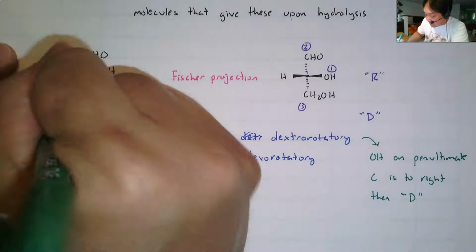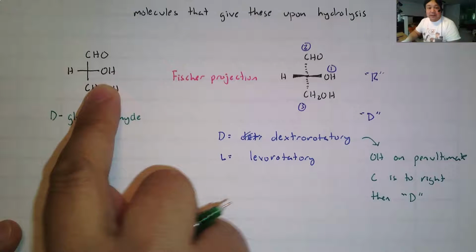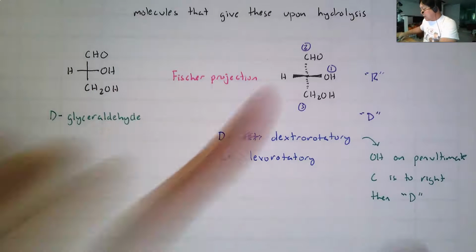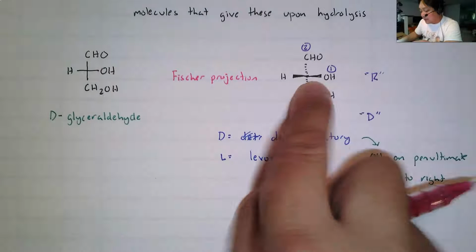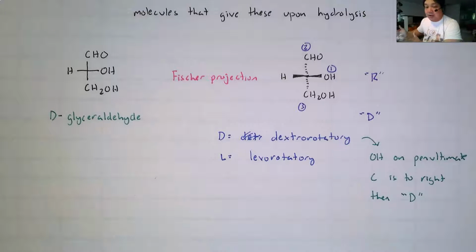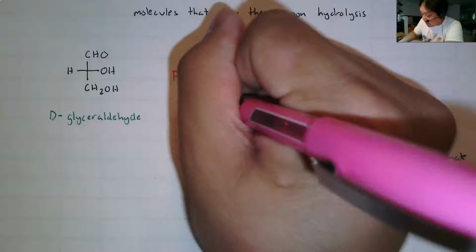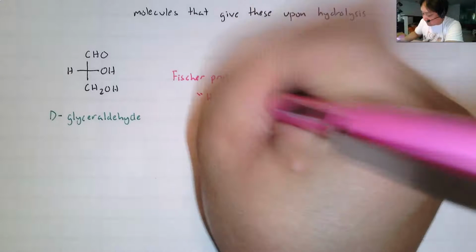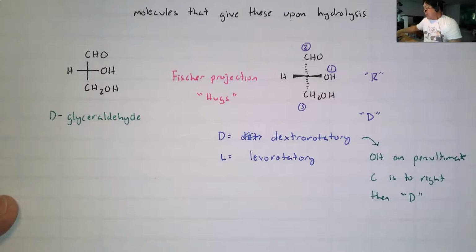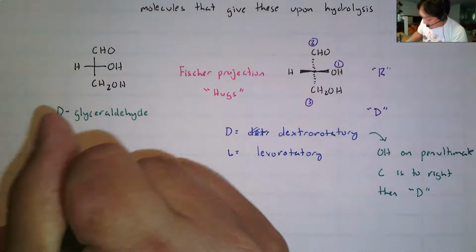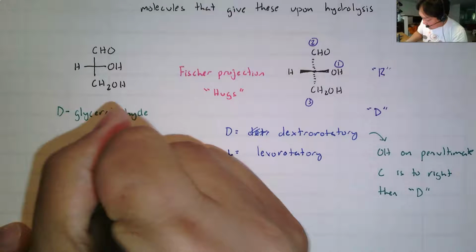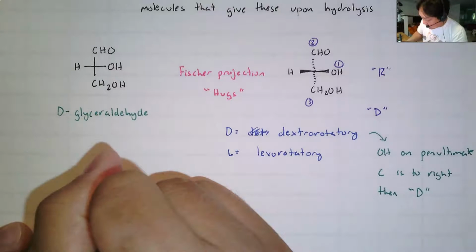This is D, because the OH is on the right. The other way that you can remember Fischer projections is that every horizontal line is a wedge, so it's almost like the molecule is giving you a hug. Now, there is a carbohydrate that does not have a chiral carbon, and that is this one here, but it's still a carbohydrate.